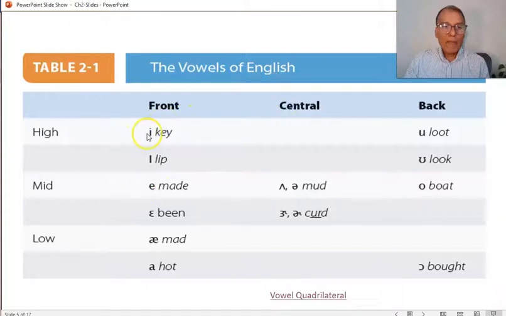So you have E as in key, you have O as in loot, I as in lip, A. This one we do not use. That example is not a very good example. So use the day at the end of the days of the week as midday, Sunday, Monday, and so on. You'll know the reasons when you take phonetics if you have not already taken it.